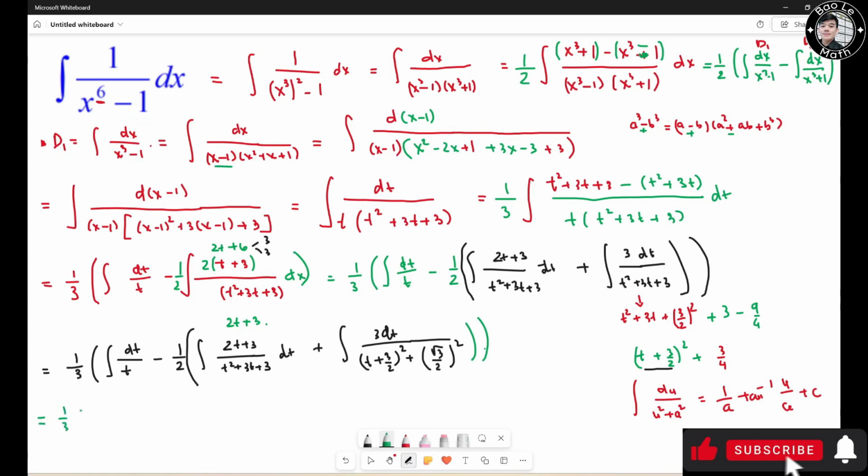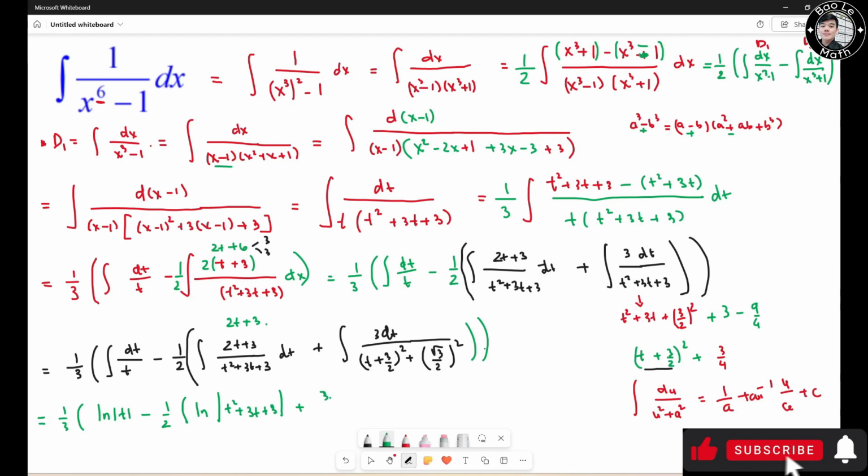Alright, so this turns out to be 1/3 of natural log of absolute value of t, minus 1/2 of natural log of absolute value of t squared plus 3t plus 3, right? Plus 3, use this formula 1 over a, which means 1 over root 3 over 2, which means 2 over root 3.